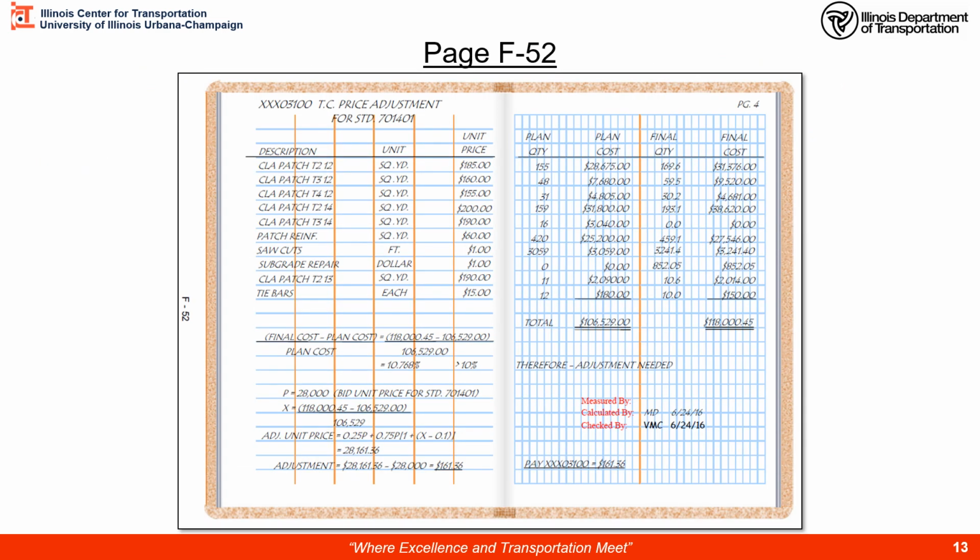So let's go to page F52 in the doc guide, and hopefully this will make the exercise a little more clear. So here we have a number of patching items, saw cuts, subgrade repair, tie bars, and so on. This is all the work items that were being protected by the traffic standard.